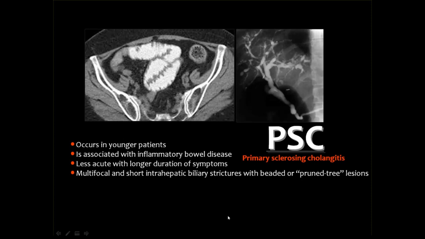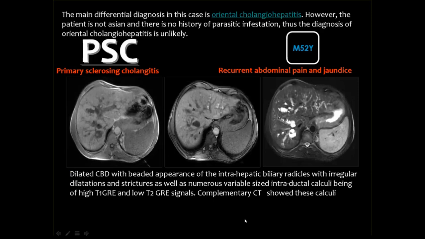Then primary sclerosing cholangitis is known to occur in younger patients and is associated with inflammatory bowel disease like ulcerative colitis and Crohn's disease. And this is an example, and you see the manifestation of Crohn's disease in the form of mural thickening and some stranding of the surrounding fat, and this is the appearance of primary sclerosing cholangitis.